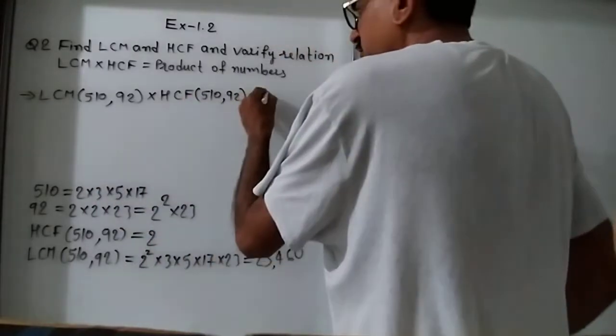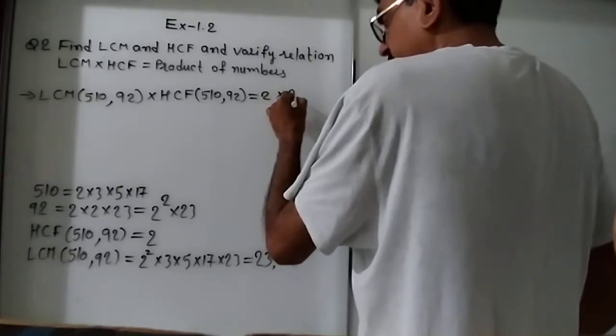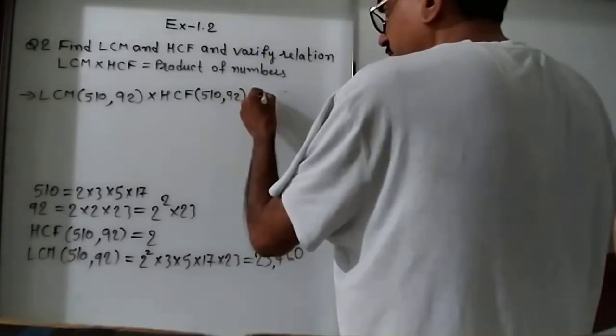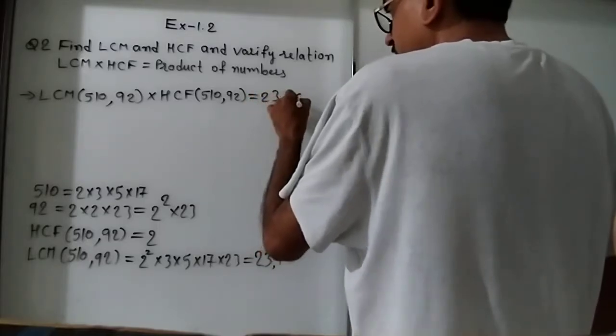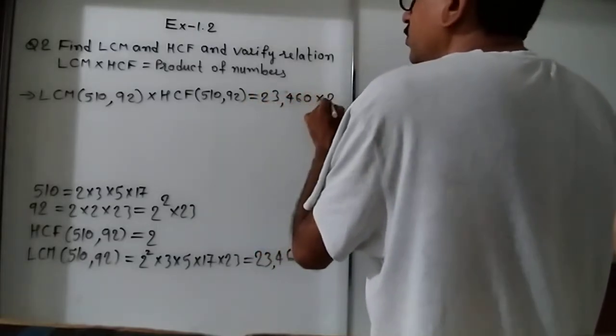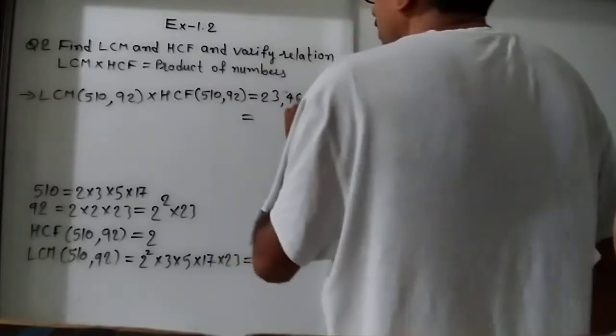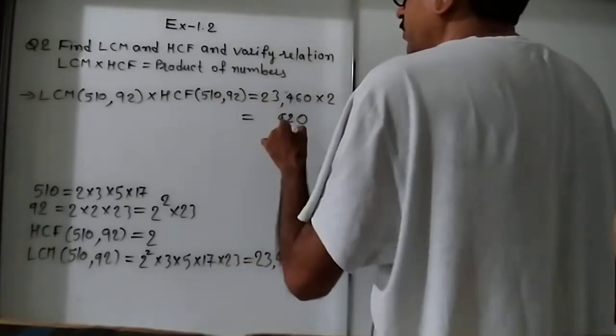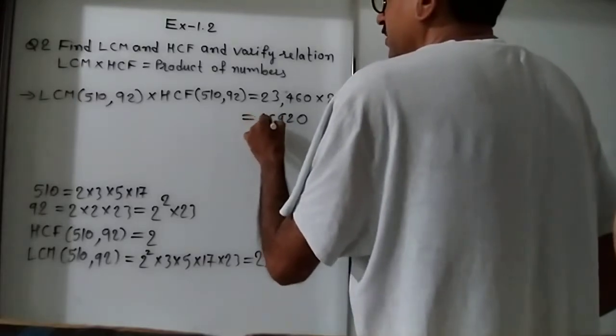So HCF is 2 and LCM is 23460. We multiply that, and we get 46920. Now the product of numbers.